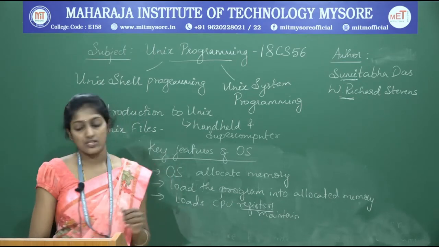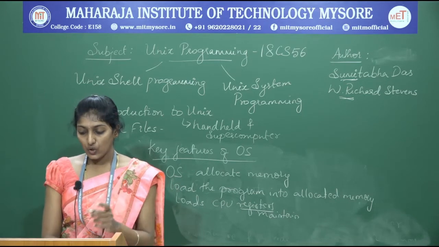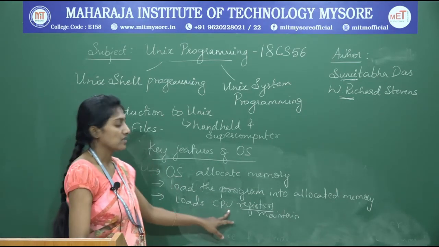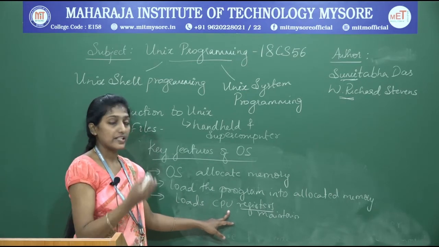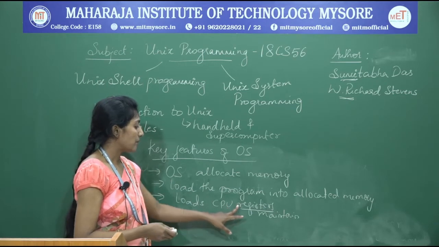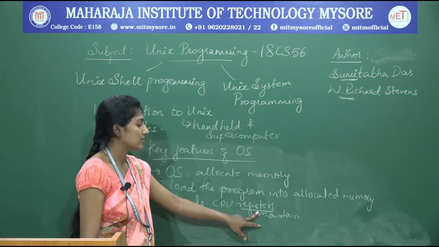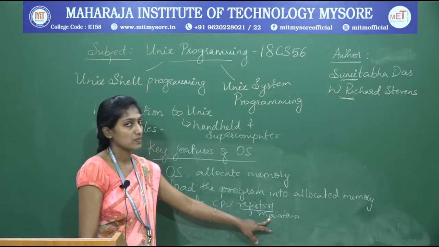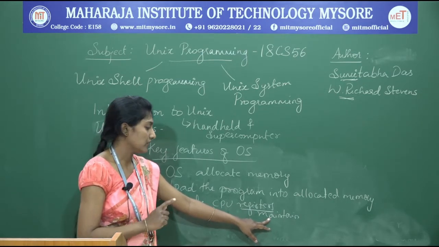The control information related to the program is handled by the CPU registers. All the instructions provided to that program will be controlled by the CPU, and the registers maintain the memory allocations provided to each and every segment of a program.